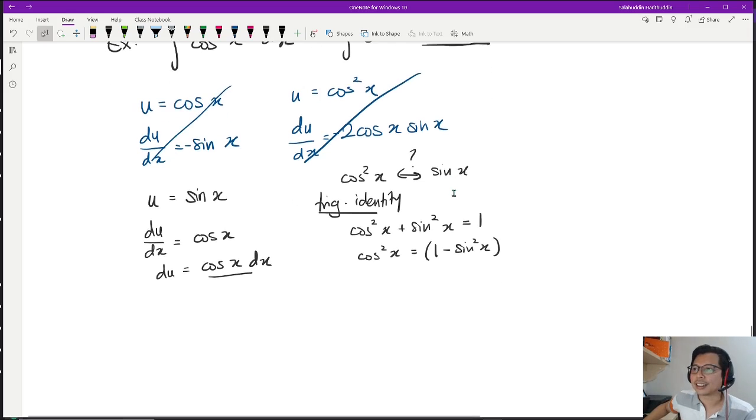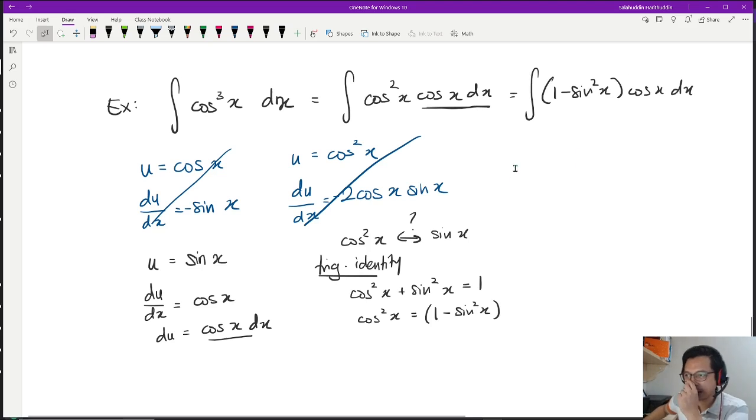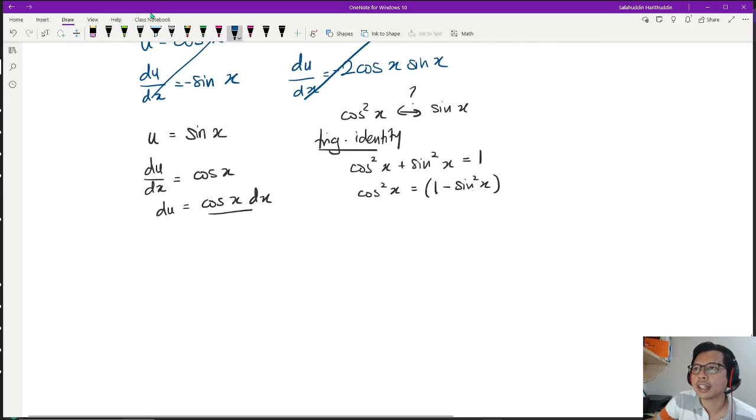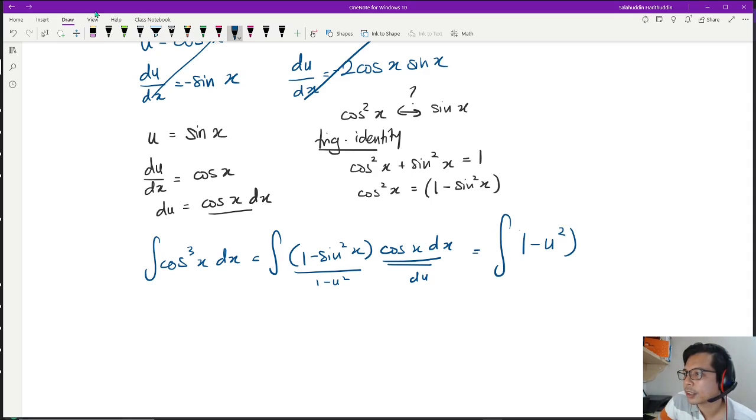Nice. So I can rewrite this as (1 minus sine squared x) cosine x dx. So cosine cubed x dx is equivalent to (1 minus sine squared x) cosine x dx. Now I can replace cosine x dx with du, and sine squared x with u squared, so this becomes (1 minus u squared) du.